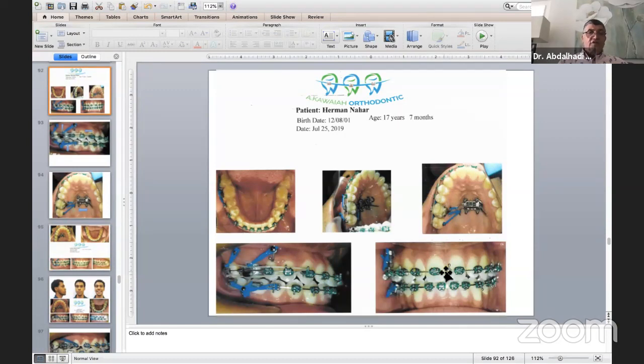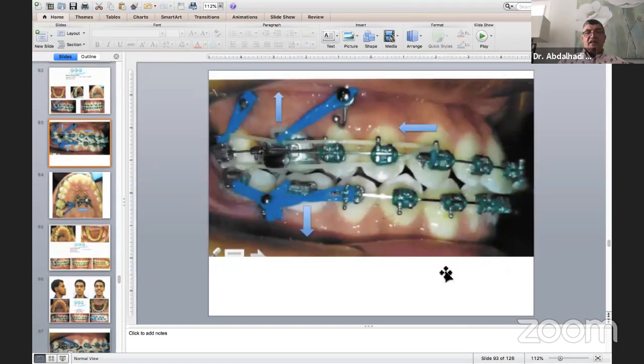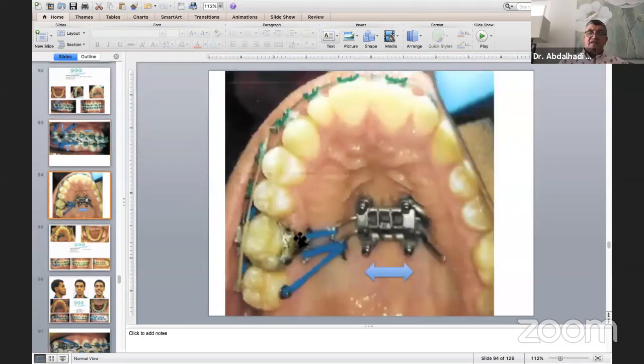This is the mechanic: I am protruding the upper, correcting the upper midline with elastics, and intruding the molar in the upper and the lower right. Here is the palatal side showing that I continue to intrude while keeping the expansion of the palate and traction to correct this midline.